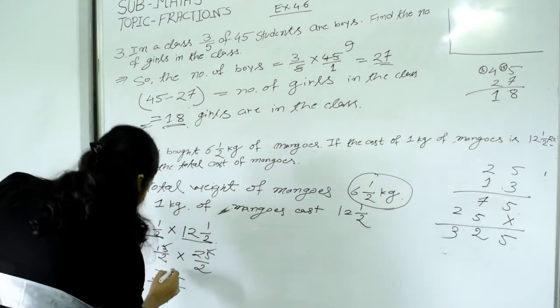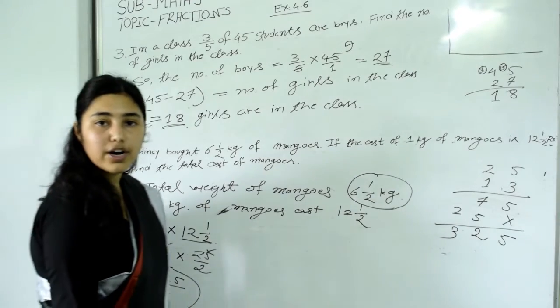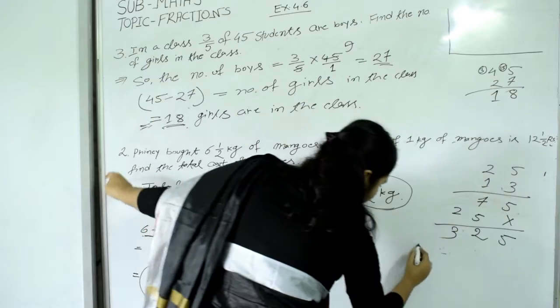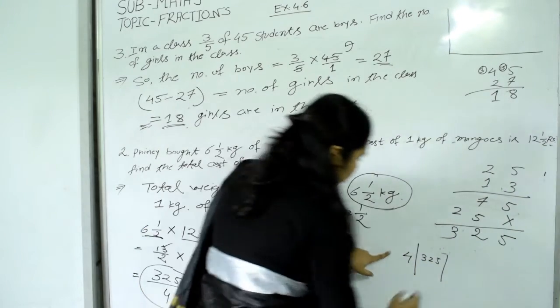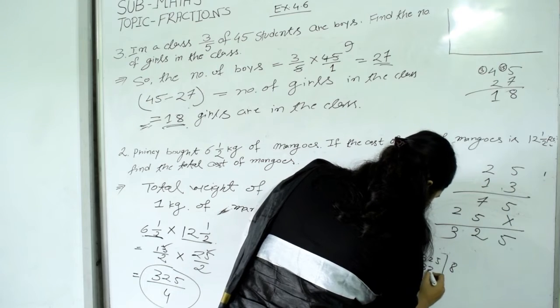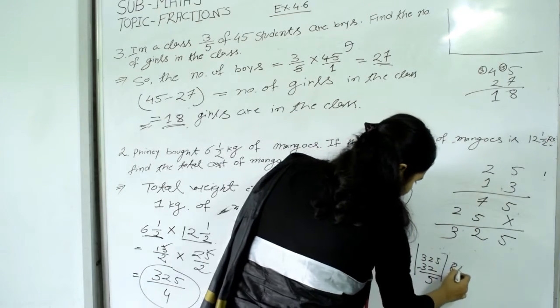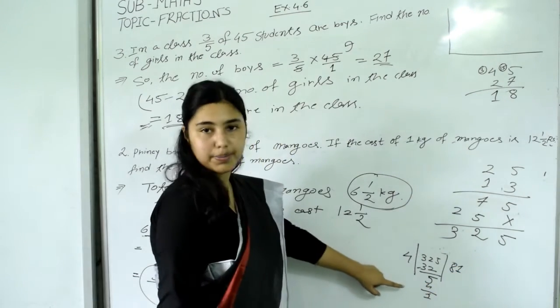Now this is an improper fraction, right? So again convert this improper fraction into a mixed fraction. So divide 325 by 4. Now 4 8s are 32. Take this 5 here. 4 1s are 4. So 1 is our remainder.